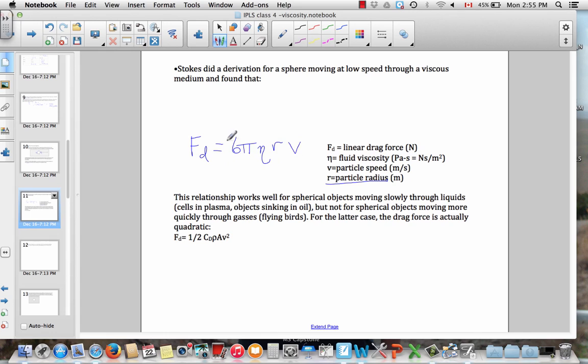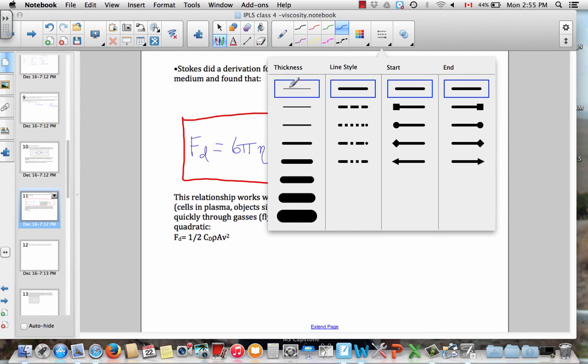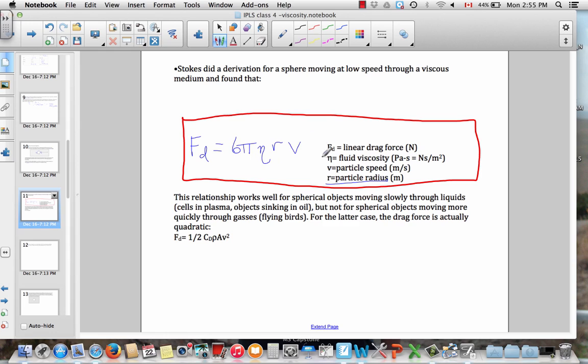So this is known as Stokes drag, the formula for the drag force on a sphere moving through a viscous medium. Now, it doesn't work very well if the particle is moving really quickly, or if the medium is not particularly viscous. So, say for a baseball moving through air, it's probably not linear drag. This works really well for, say, a ball bearing flowing through syrup.